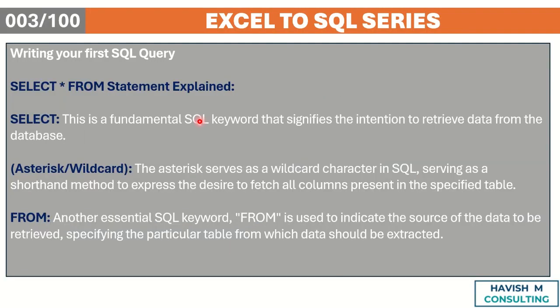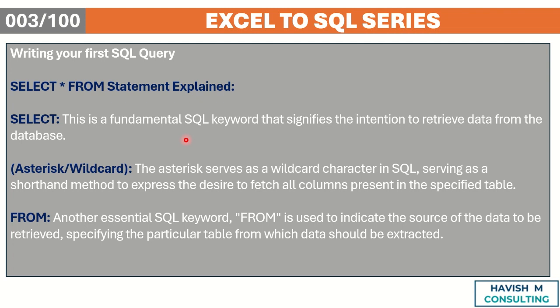Select is a fundamental SQL keyword wherein you signify the intention to retrieve data from the database, and from is to specify from what table or what source you want to extract. Asterisk in this case was used to specify that you want to extract all the columns.